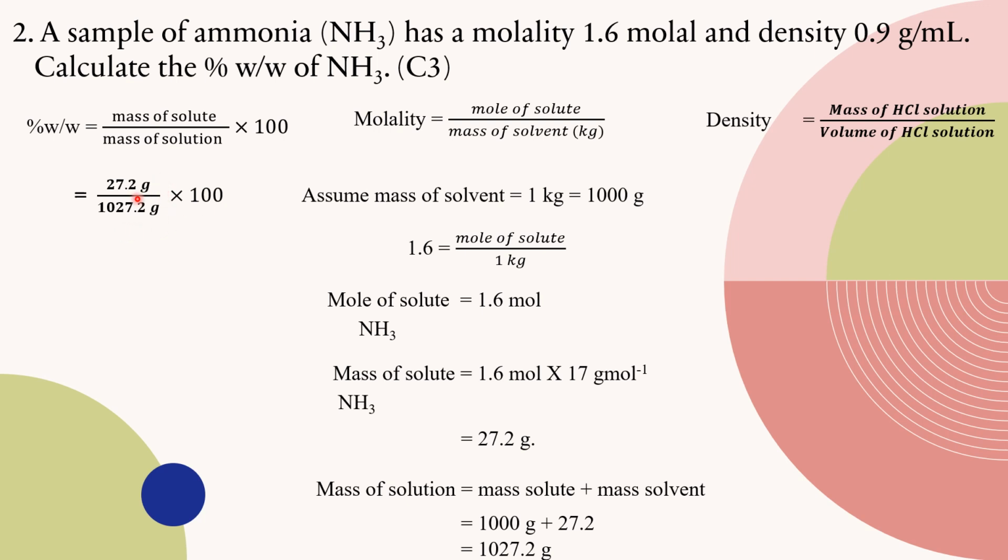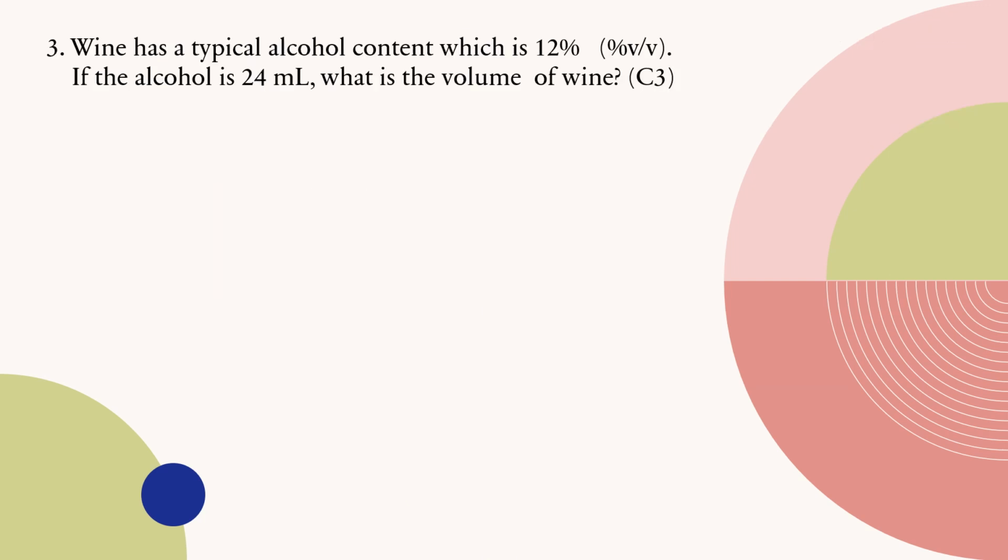So you need gram cancel. If the data provided is in kilogram, so the above data is kilogram and kilogram. So you can cancel the unit and get the final answer in percent unit, such as 2.648%.